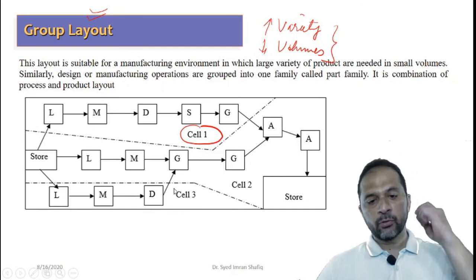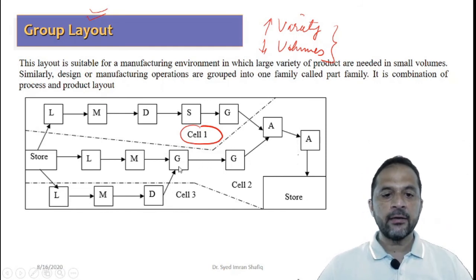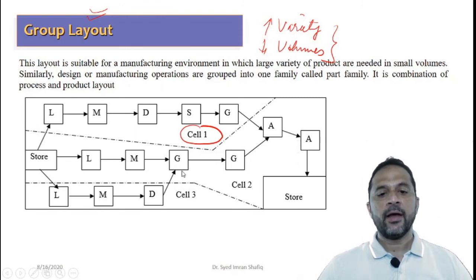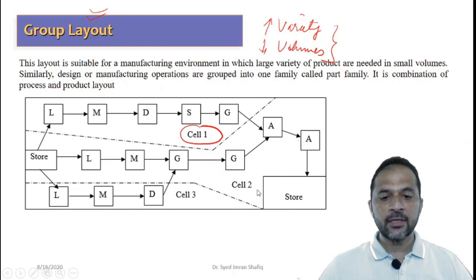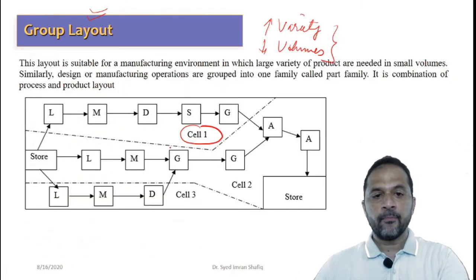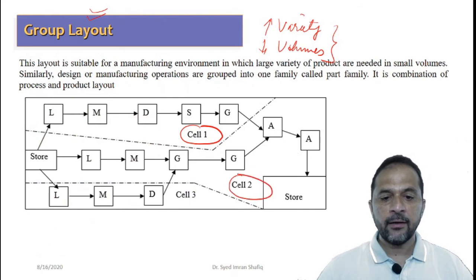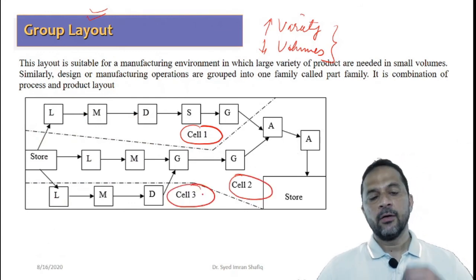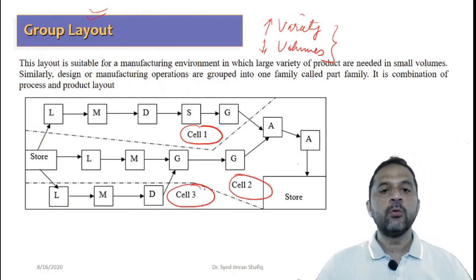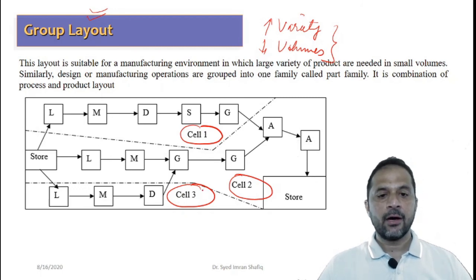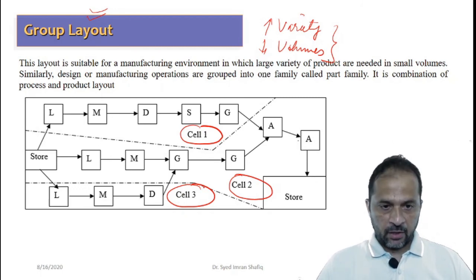You can see that this grinding machine is used for both these lines. And once they have finished this part of the line, they use the same assembly region, and then they go to the store. So this is one cell, this is another cell, this is another cell, and this is the third cell. So in group layout, we make cells according to their functionality.